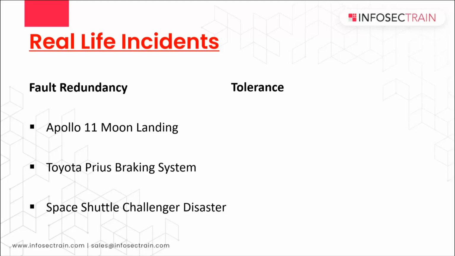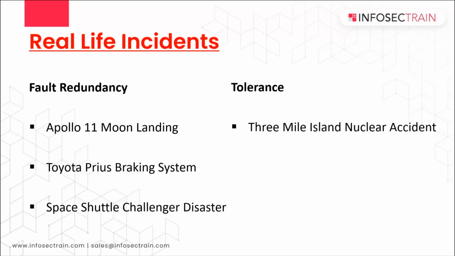By designing systems with fault tolerant features that can detect and correct errors automatically or provide backup options in case of failures, it is possible to improve the reliability and safety of these systems.